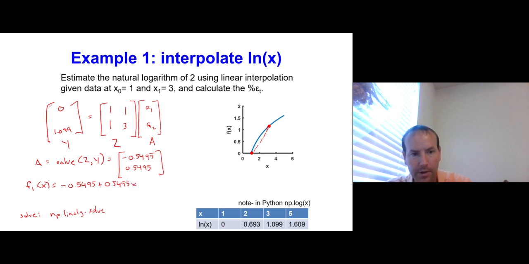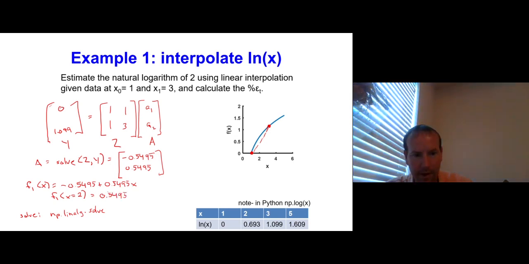So this is the linear interpolating function. It's the line that connects from x equals 1 to x equals 3. And then f1 of 2 is 0.5495.